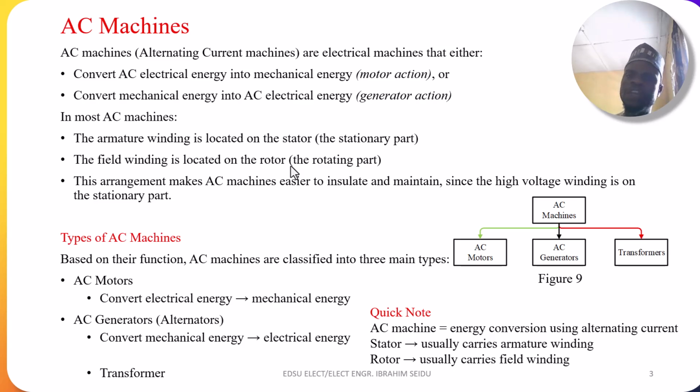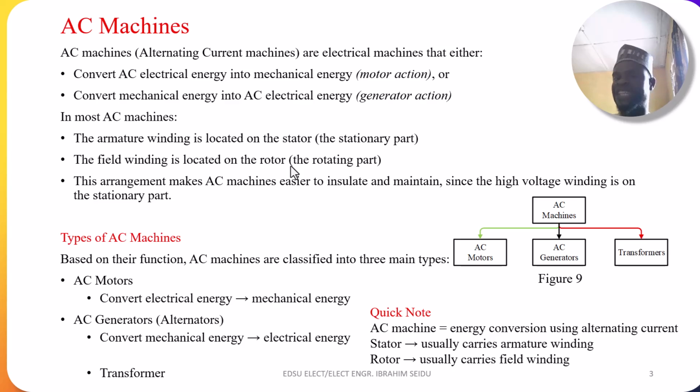What about a transformer? Does a transformer actually have these two main parts? Normally, most of the main parts you see in a transformer are stationary. However, a transformer has a moving magnetic flux. The magnetic flux in a transformer, after it has been excited, is not stationary, it's moving.